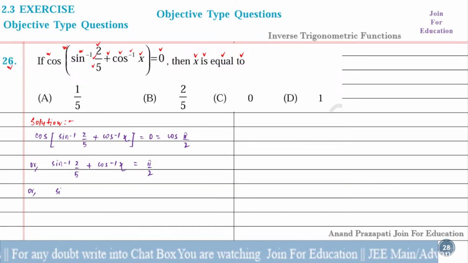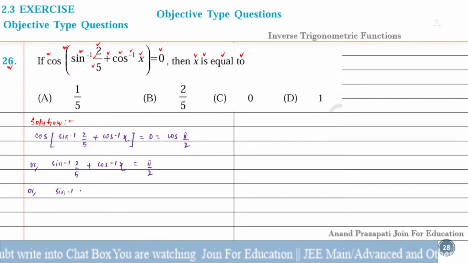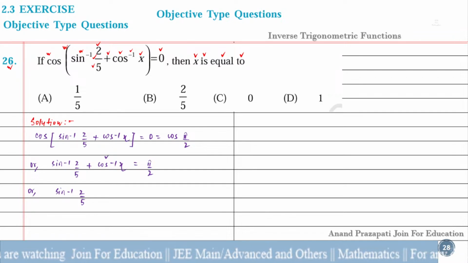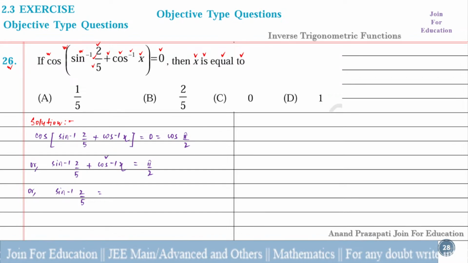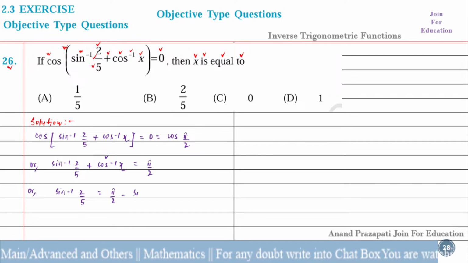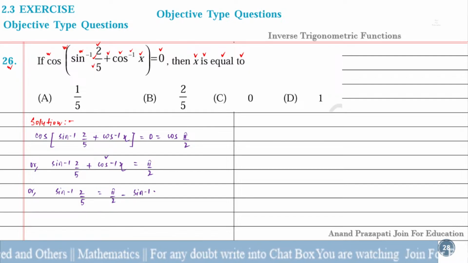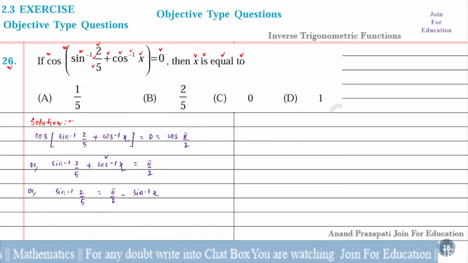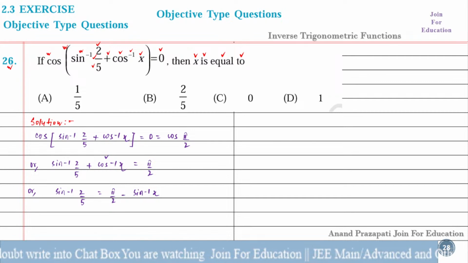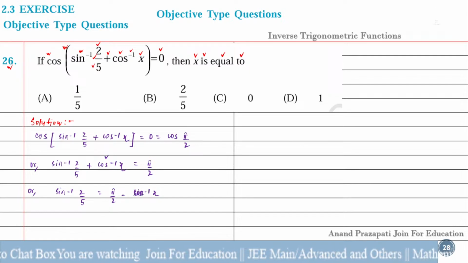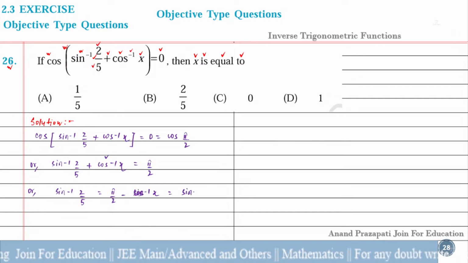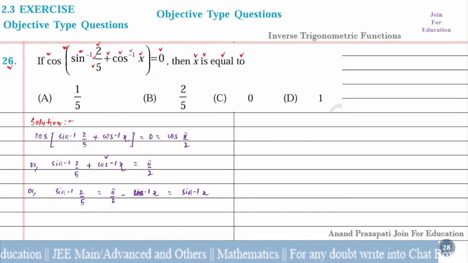Sin inverse 2 by 5 plus cos inverse x, move to the right hand side, then we get here pi by 2 minus cos inverse x. And we know that pi by 2 minus cos inverse x equal to sin inverse x.